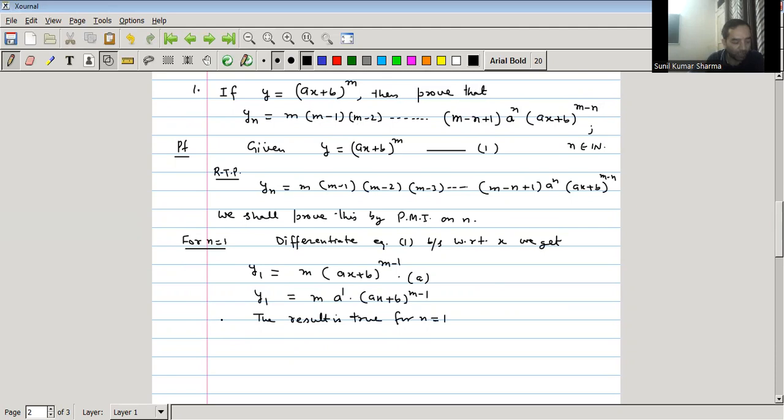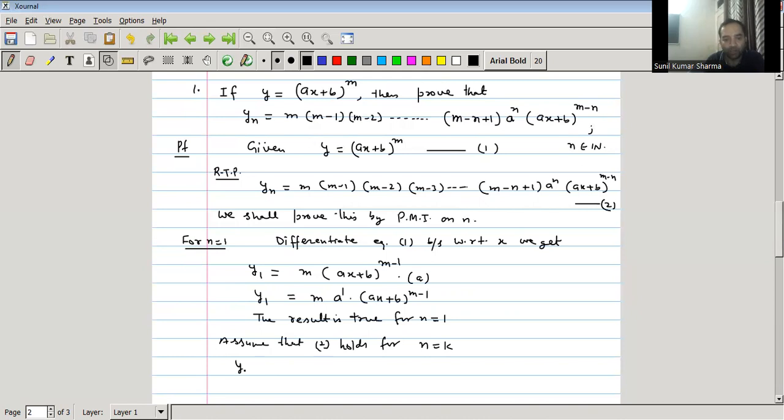Now assume that, let this be equation number 2, the result for yn holds for n equal to k.